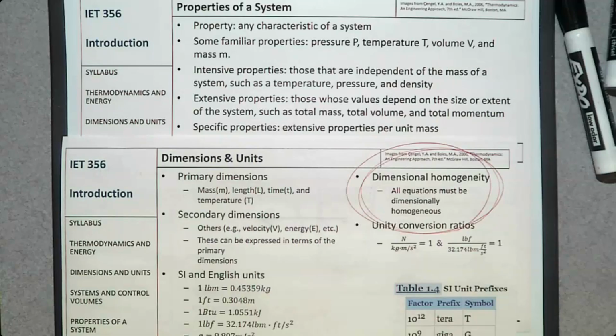You can simply divide them by mass. That is called a specific property. Specific volume, volume divided by mass. Specific energy, energy divided by mass. Specific enthalpy, enthalpy divided by mass. So you can simply convert extensive properties into intensive properties.